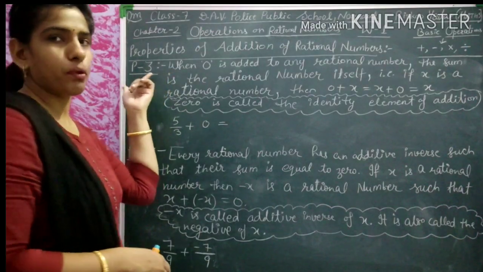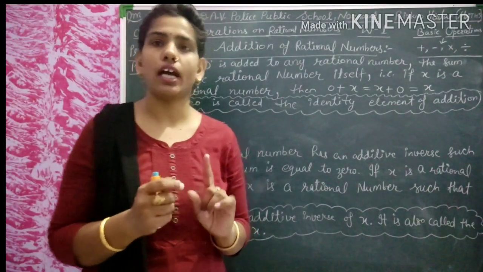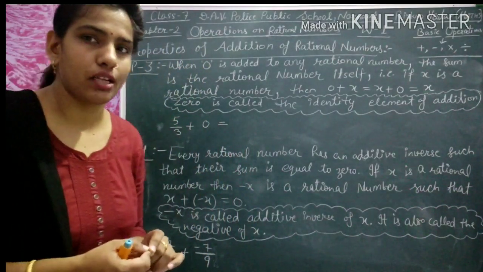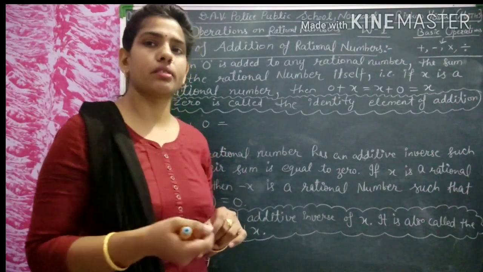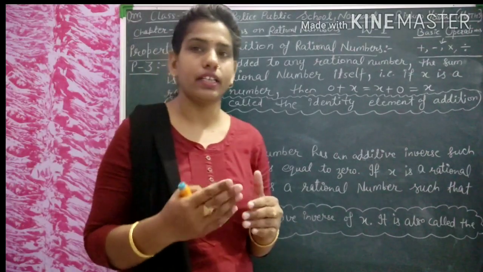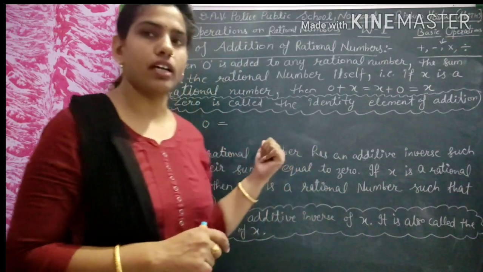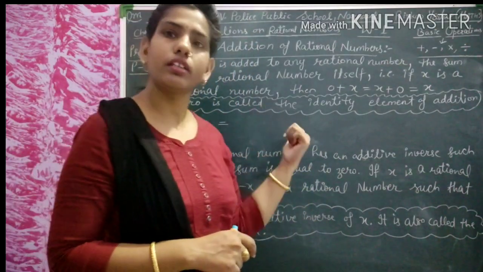Now property number 3 is: when 0 is added to any rational number, it becomes the rational number itself. If we add 0 to any rational number, the answer is the number itself.